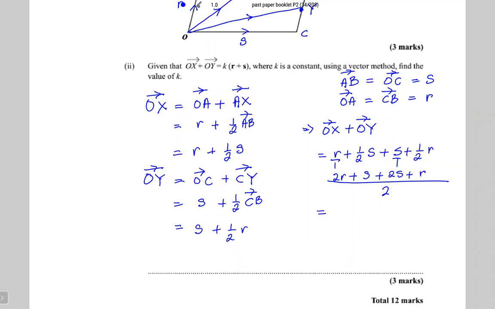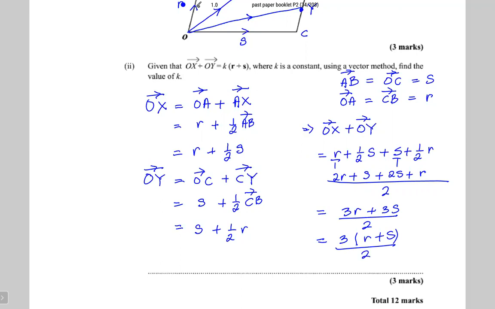So what you would end up with, at the top, is 3R plus 3S, and this is over 2. If you factor out the 3, you're going to end up with 3 times R plus S, over 2.